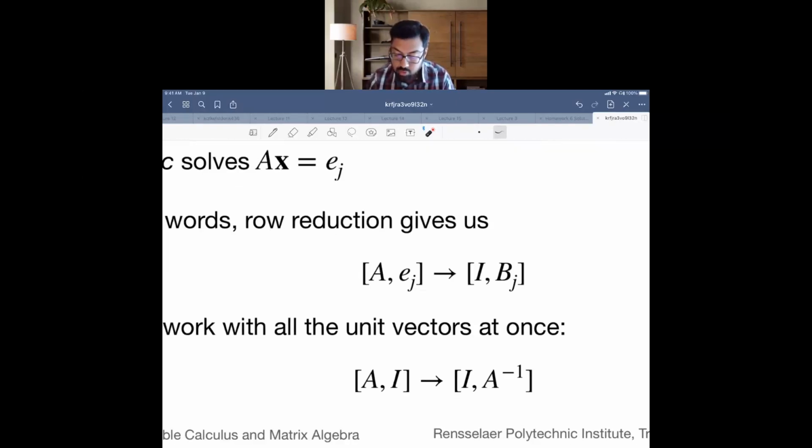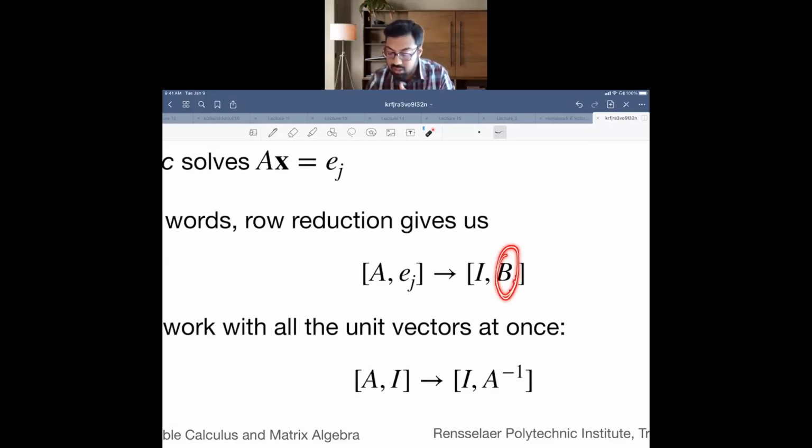So that row reduction process can be written this way. The A matrix followed by a jth vector, any unit vector, can be row reduced to I followed by B sub j, or C in our example. You could say that not just for the jth column of identity, but for E1, E2, E3, and so on.